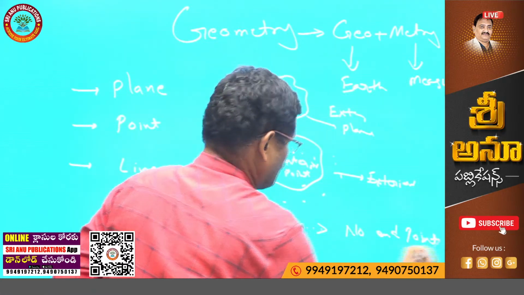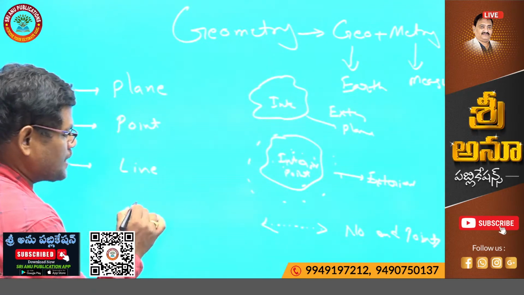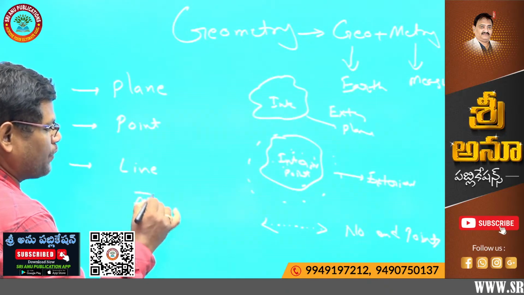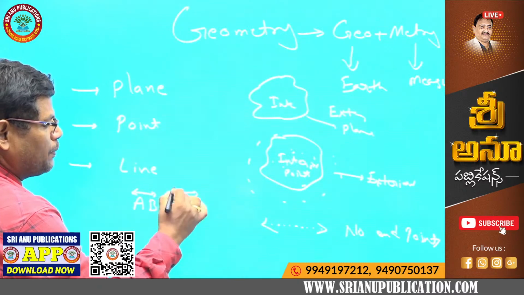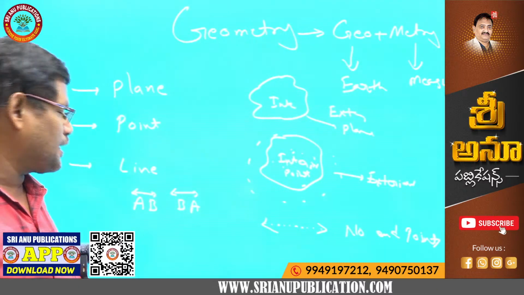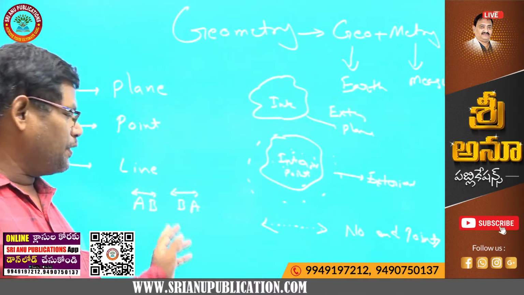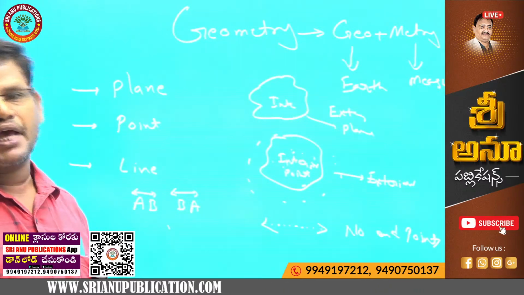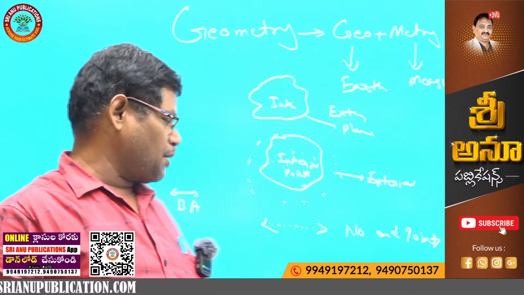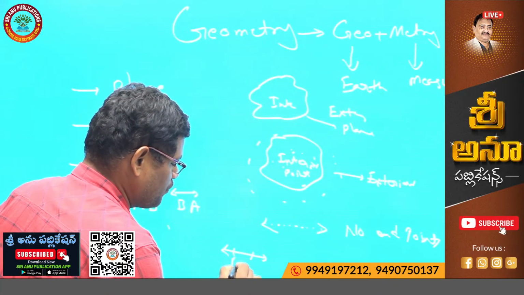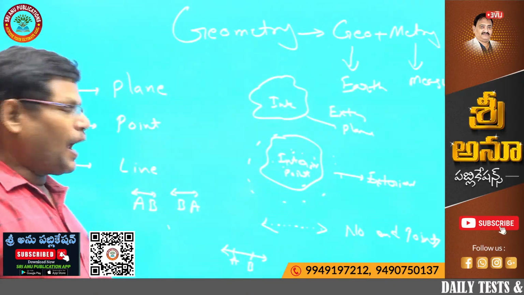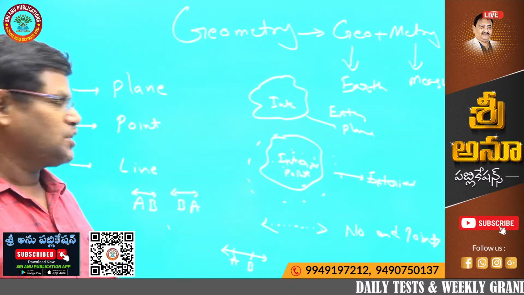A line can be represented by letters, AB or BA. The AB line and BA line both represent the same line, and it has no end points.